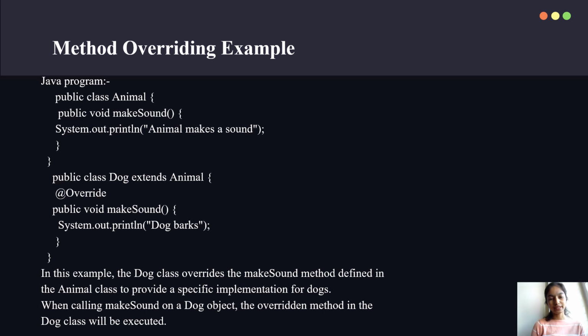In this example, the Dog class overrides the makeSound method defined in the Animal class to provide a specific implementation for Dog. When calling makeSound on a Dog object, the overridden method in the Dog class will be executed.